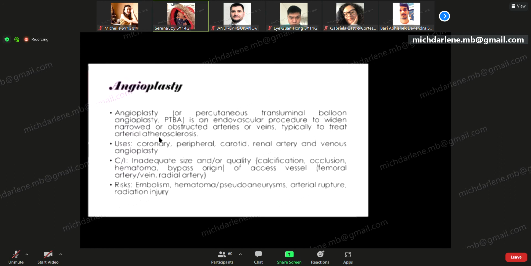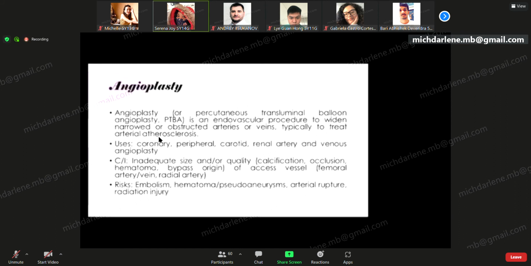Angioplasty, or percutaneous transluminal balloon angioplasty, is an endovascular procedure to widen narrowed or obstructed arteries or veins, typically to treat arterial atherosclerosis.